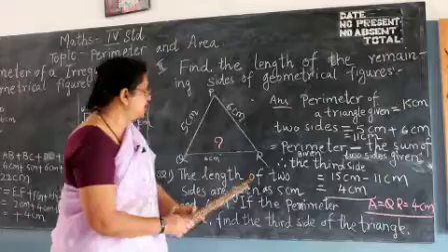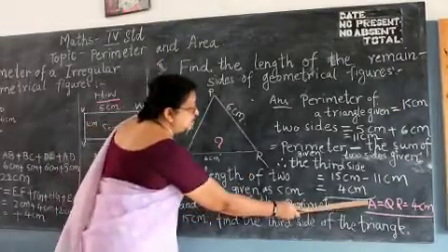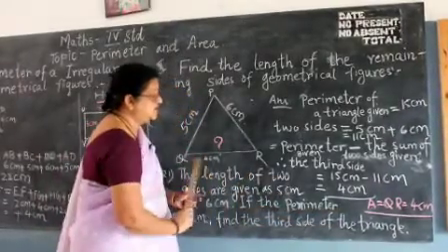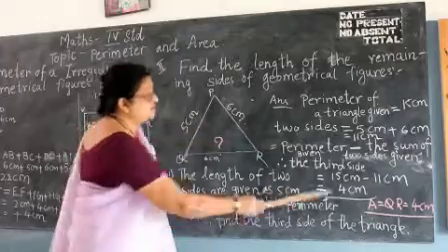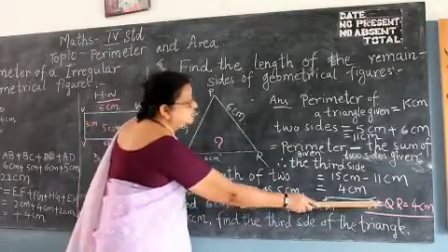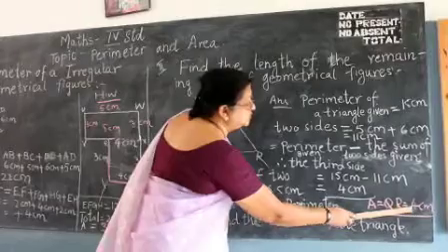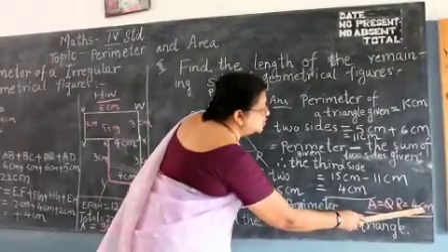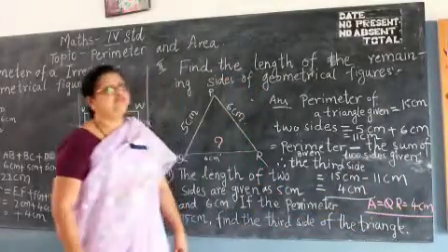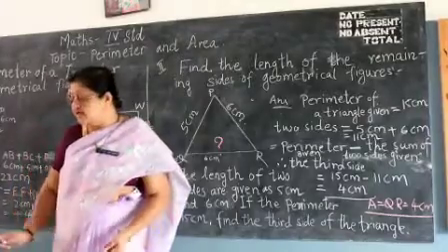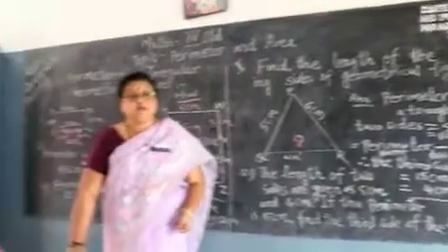Therefore you should write this answer. This is very important. This is the question given and this is the answer when you write QR is equal to 4 centimeter. If you don't write that centimeter, your marks will be deducted, 1 mark.